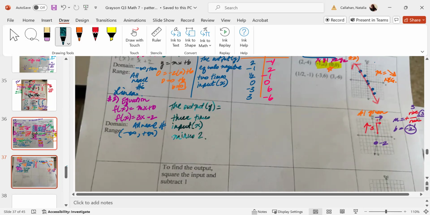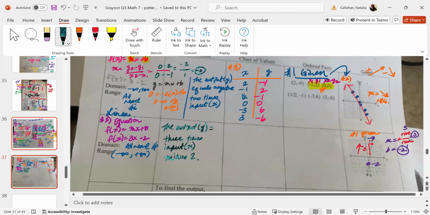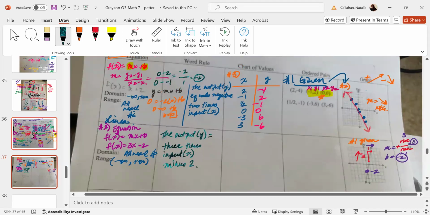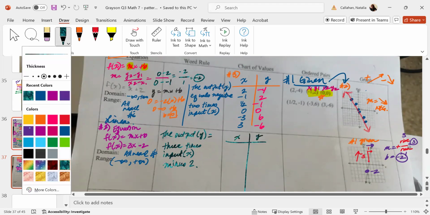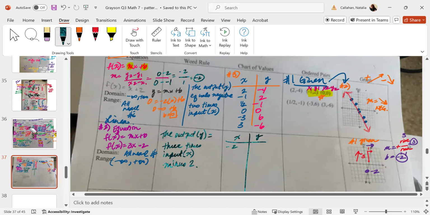When you're ready, let me know. Ordered pairs. Do the ordered pairs and let's have a chart. Value. What are the x values you're going to use? Pick some numbers.